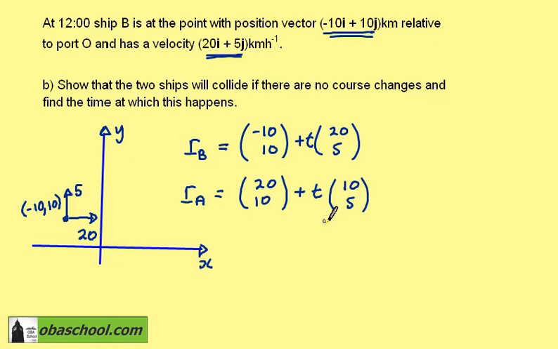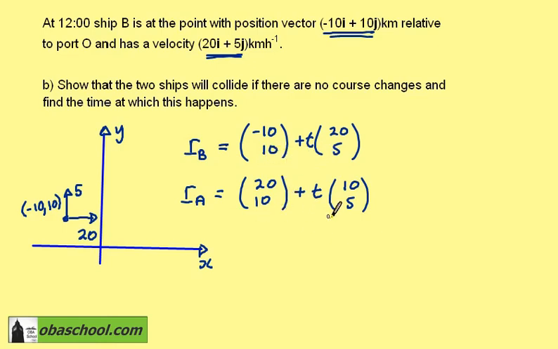We can always check t equals 1, which would take us to 1300 hours, t equals 2, which would take us to 1400 hours, and t equals 4, which would take us to 1600 hours, with our answers to part A.